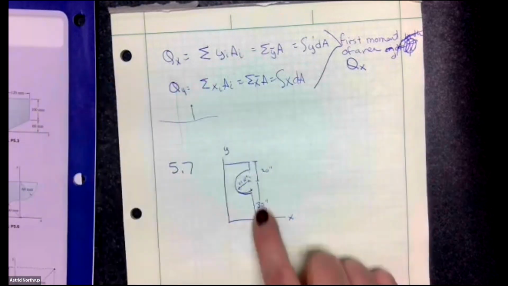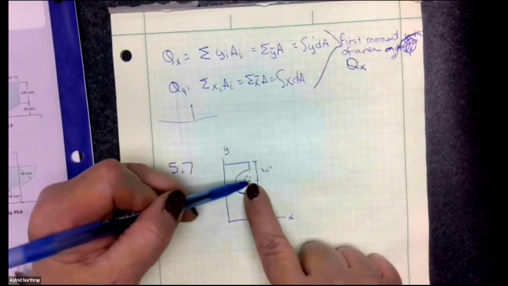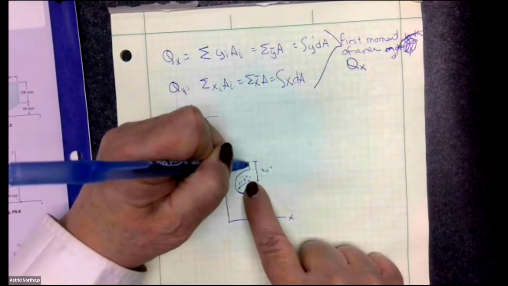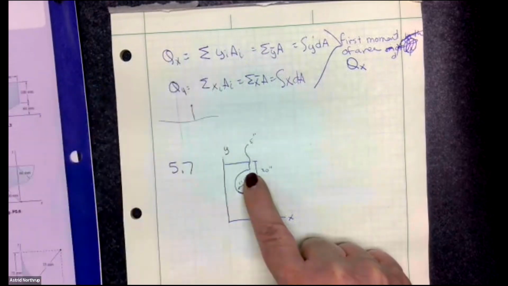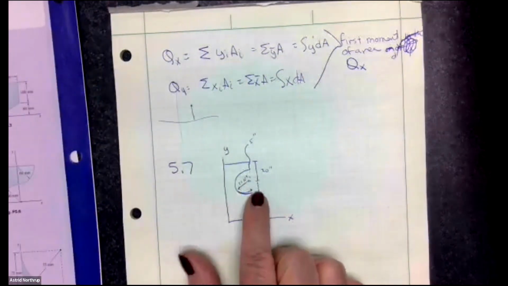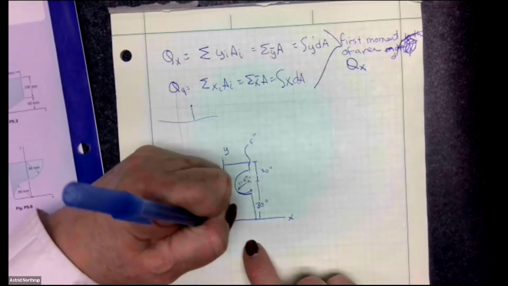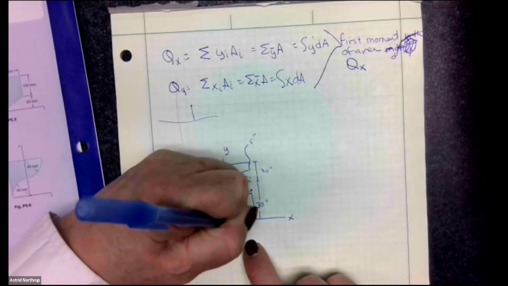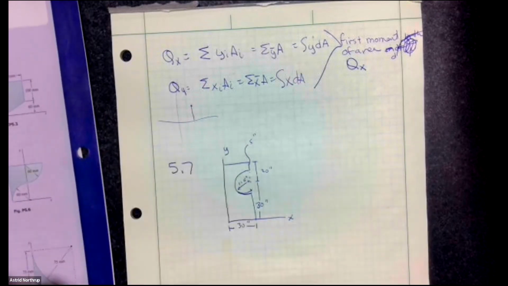So the total height of that rectangle is 50 inches. Also, since the radius is 15 inches, we can surmise that this would be 20 minus 15 or 5 inches down. We don't necessarily need to know that, but I'm just making that point. We also know that the rectangle is 30 inches wide.